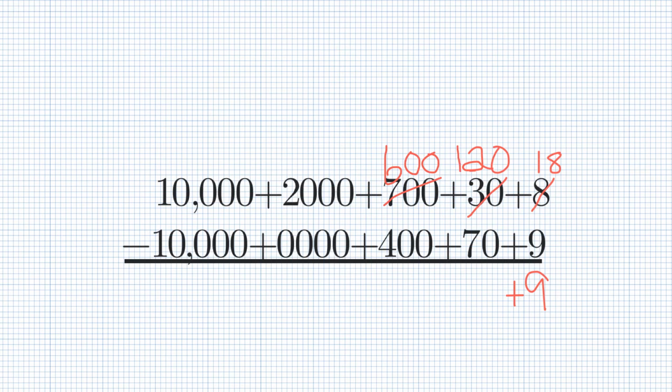So now we have 120, or 12 tens, and we can subtract now. 120 minus 70 makes 50. 600 minus 400 makes 200. 2,000 minus 0 is 2,000.